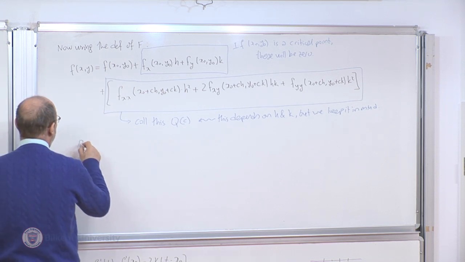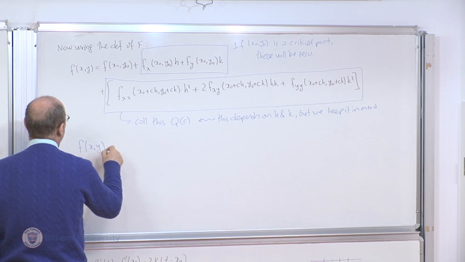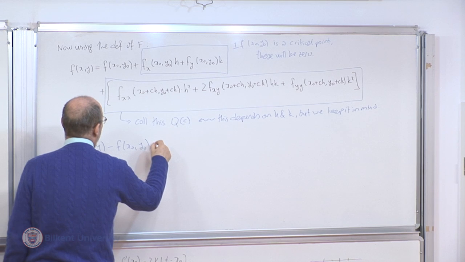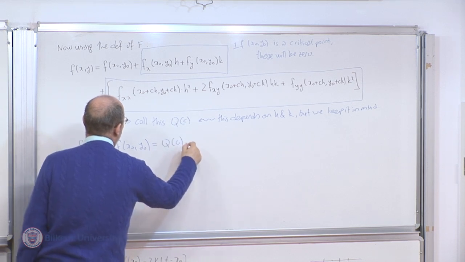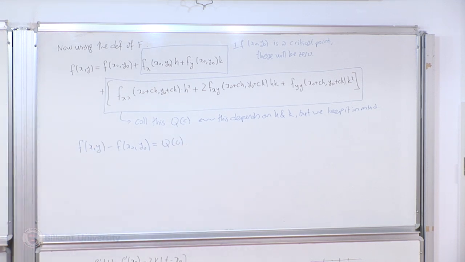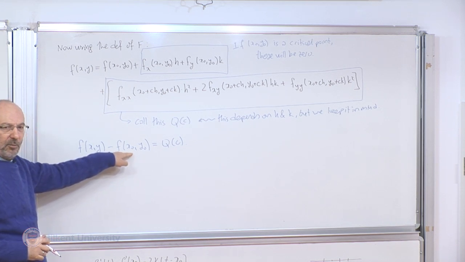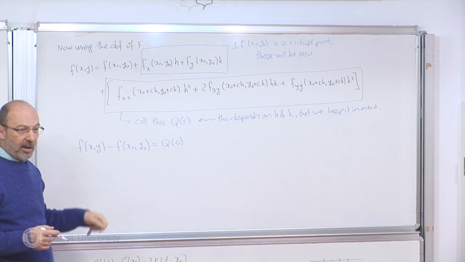So what happens is this. We have f(x, y) minus f(x sub 0, y sub 0) is equal to Q_C. Now, if Q_C is always positive for all possible h and k, then this number is always larger than this. So this is a local minimum. Very nice.